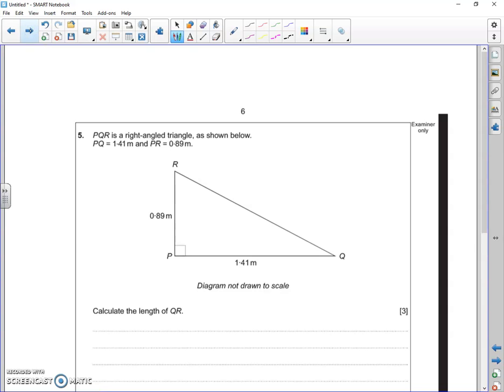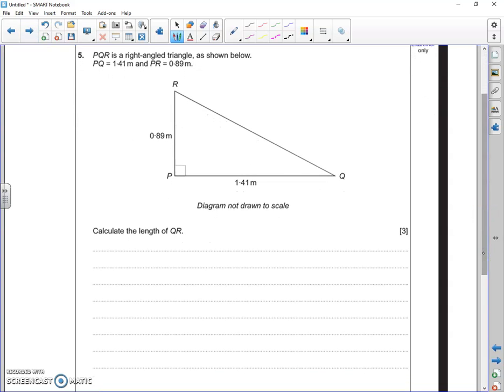Number 5. We've got a right angle triangle, which means it could be area, but it's more likely to be Pythagoras or trigonometry. There's no angles in this question, there's no mention of angles, so this is a Pythagoras question. Pythagoras says that a squared plus b squared equals c squared, as long as you put c on the longest side, and the two short sides must be a and b.